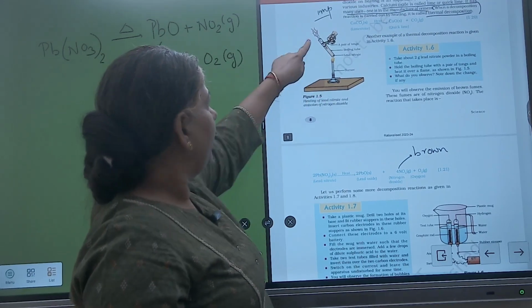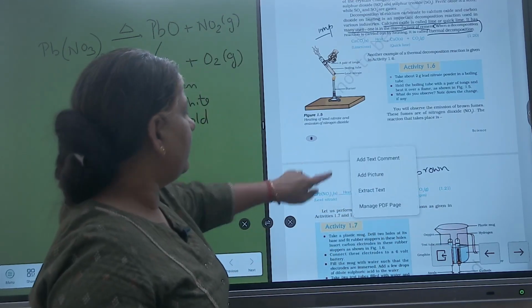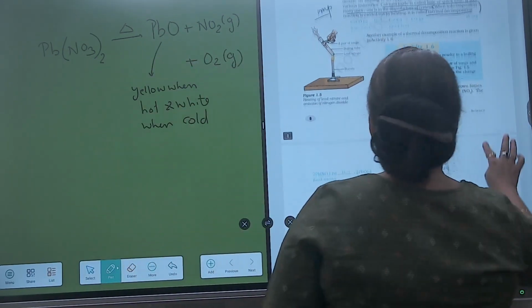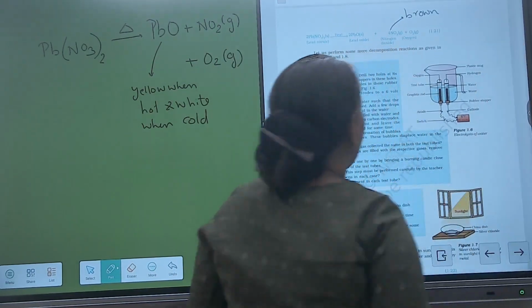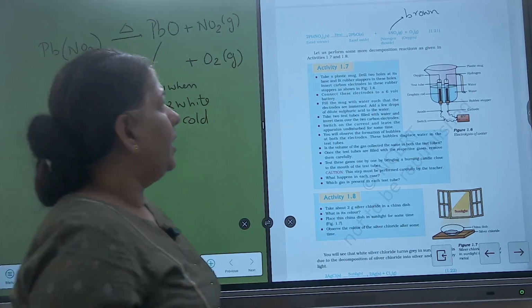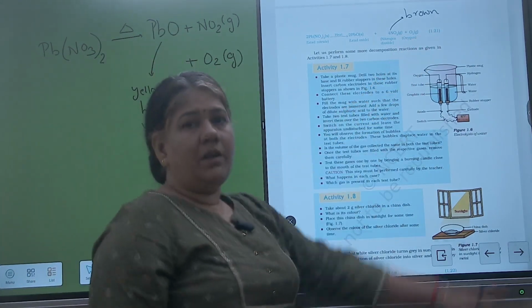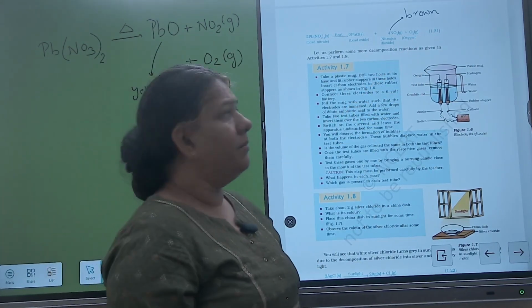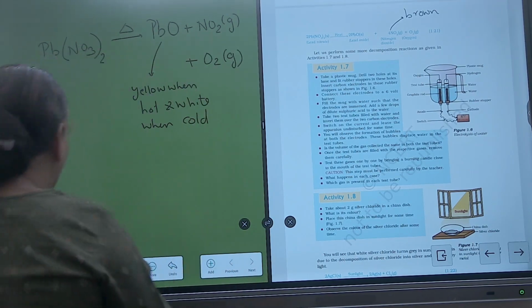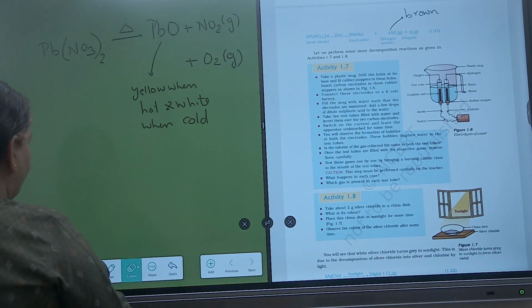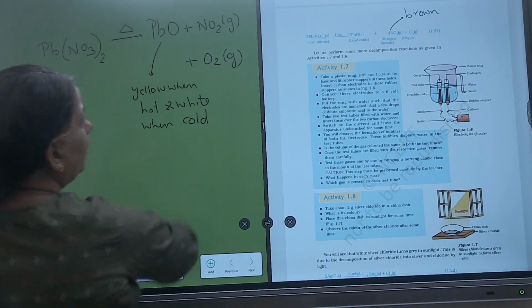So these are the two tests for the gases. Nitrogen dioxide is detected by its brown color and oxygen rekindles the burning flame. So these are the 3 examples of thermal decomposition reactions given in your book.